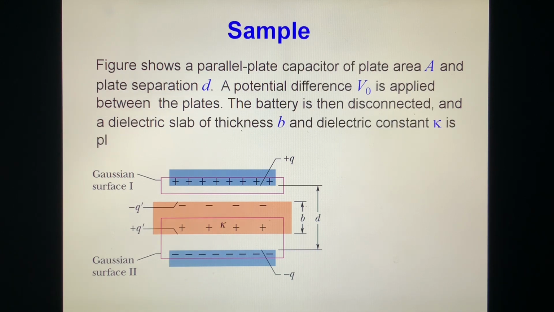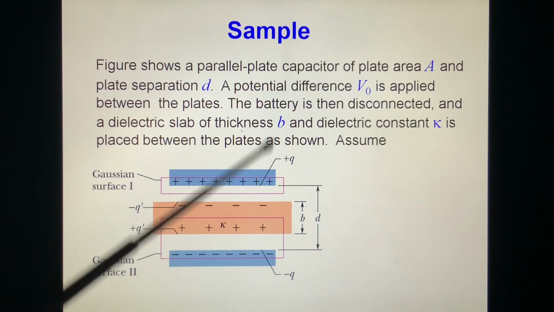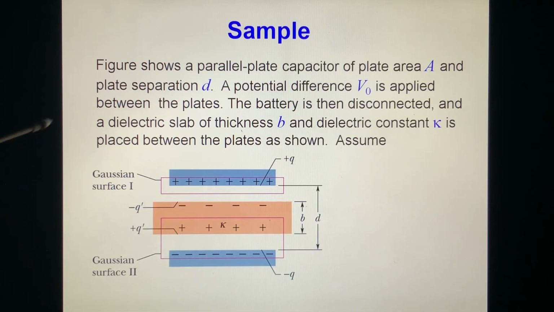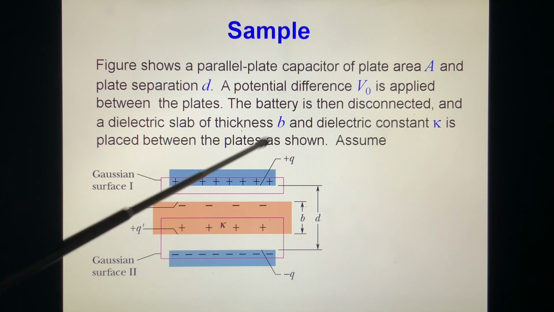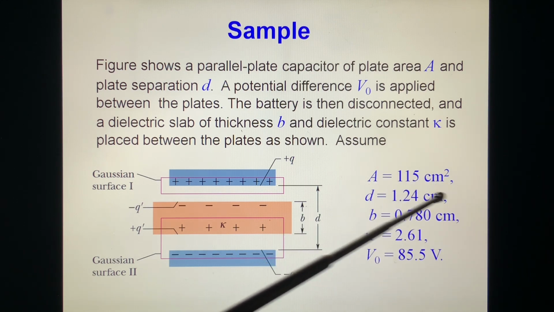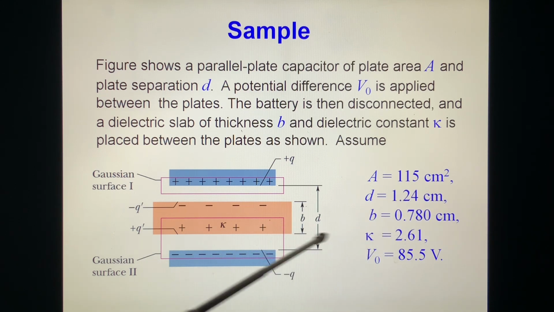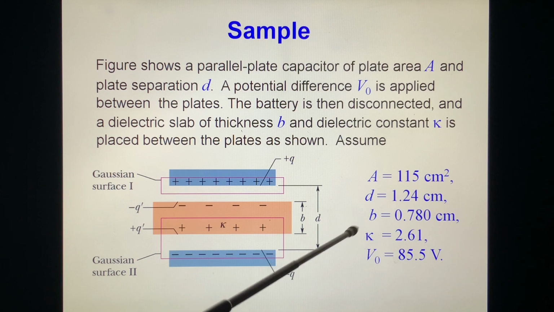The battery is then disconnected and a dielectric slab of thickness B, not the total, and dielectric constant kappa is placed between the plates, assumed parallel. Assume A is 115 square centimeter, D is 1.25 centimeter, B is 0.780 centimeter, kappa equals 2.61, and V0 originally is 85.5 volt.